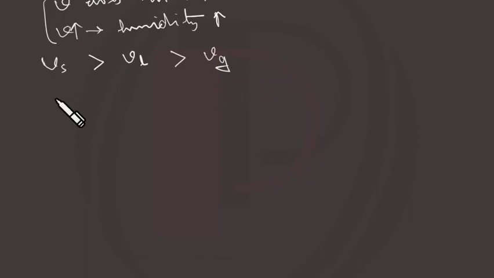Now this velocity of sound, which is 332 meter per second through dry air at sea level, is known as the sonic velocity or sonic motion.